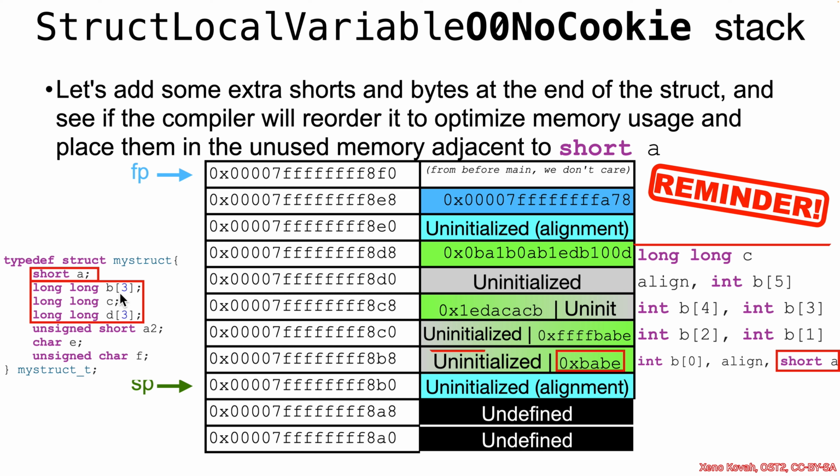But now with the B, instead of having 6 integers, we're going to change it to being 6 longs, and then we're going to split it by putting the C. And we want to see, is the compiler going to put it exactly the order of 3 B's and then the C and then the D, because we know that C is going to have this Balboa bled blood, which will be our sort of trigger of, is things reordered? Has it been placed in the middle of these things? And then just for good measure, I'm going to go ahead and throw in a bunch of extra stuff just to see what sort of effects that has on padding and placement of all the various things.